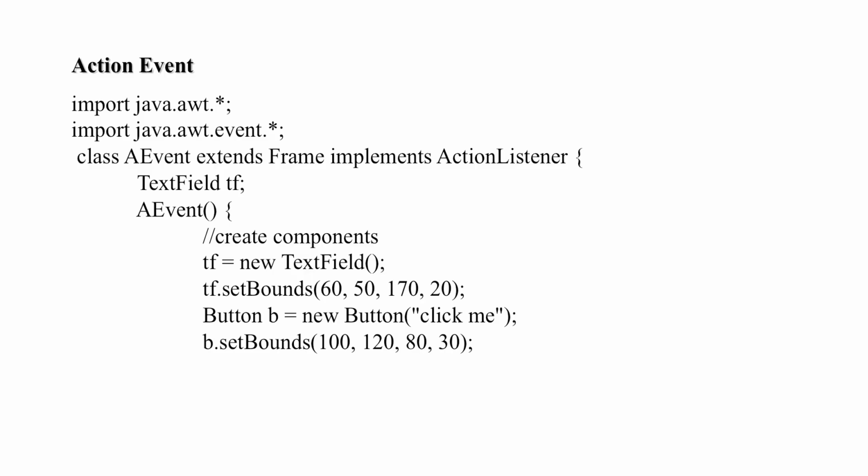Here we will create a frame, we will declare the frame, and we have to implement the interface here, ActionListener. Then we have declared the Java library. Then we have declared a new button here, named Click Me.